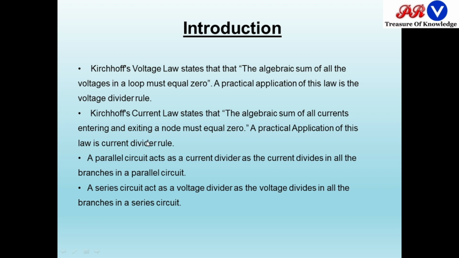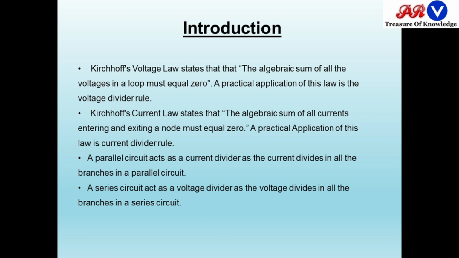So the current division rule is based on KCL. A parallel circuit always acts as a current divider, dividing current among all the branches. So in a parallel circuit we can use the current divider, while series circuits always act as voltage dividers.